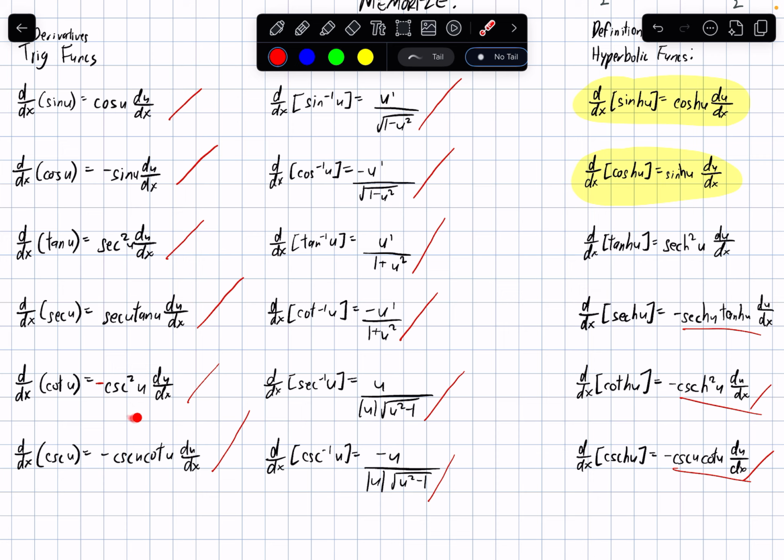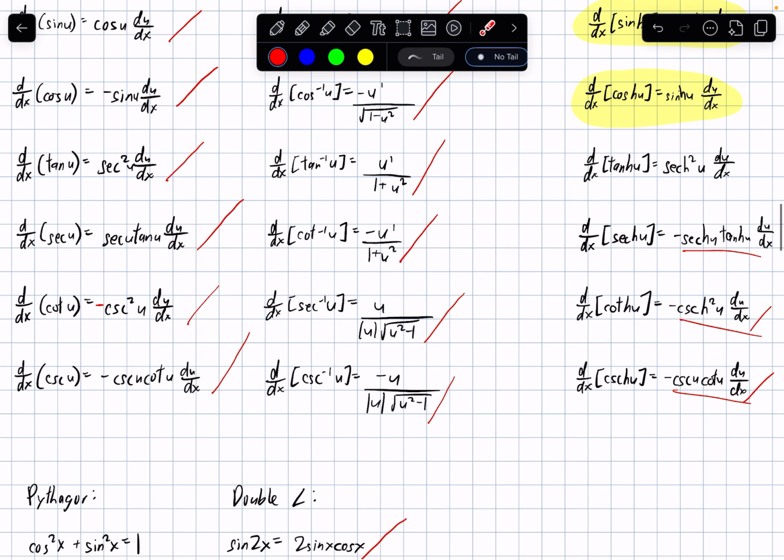It's legit the same. So, the derivative of cotangent u is negative cosecant squared u here. So, same concept. Same pattern, so don't worry. The derivative of cosecant hu is, well, it's also the same. So, negative cosecant u cotangent u times du over dx.